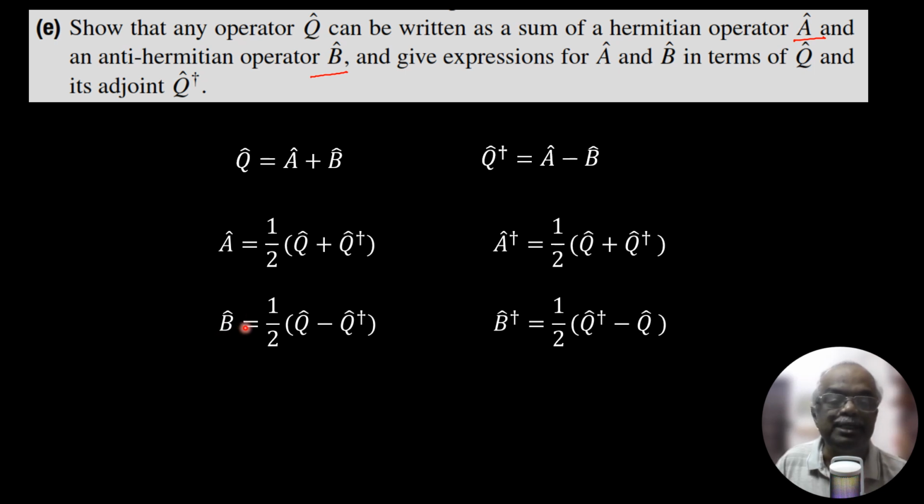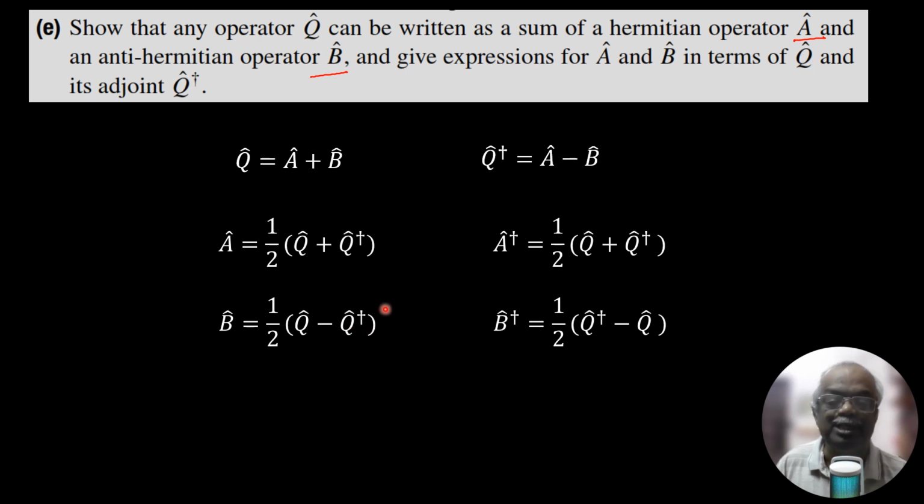Then what about the operator P? Operator P is obtained from Q minus Q†. Then A will get cancelled and you will get 2P, because you are subtracting, so you will get plus 2P. So naturally you will get P equal to one half of (Q minus Q†).